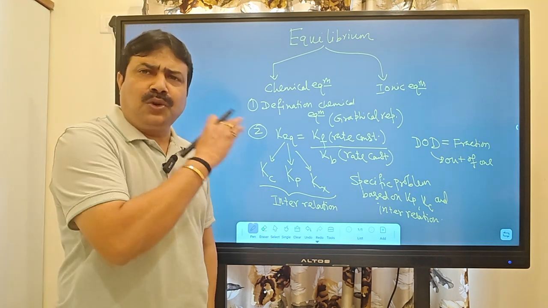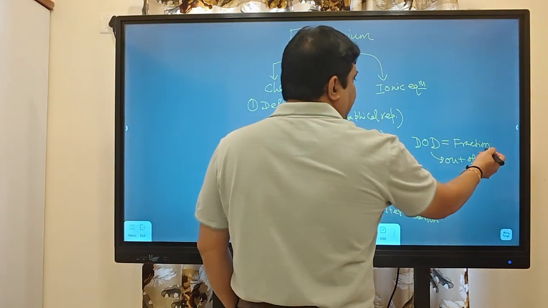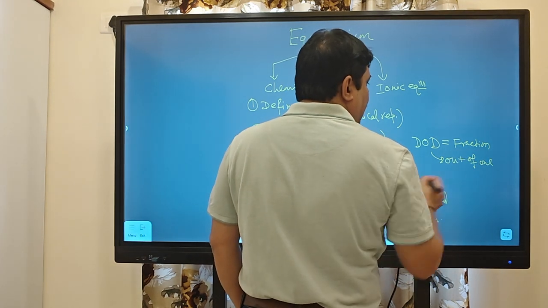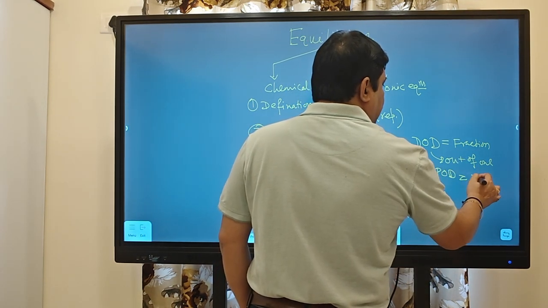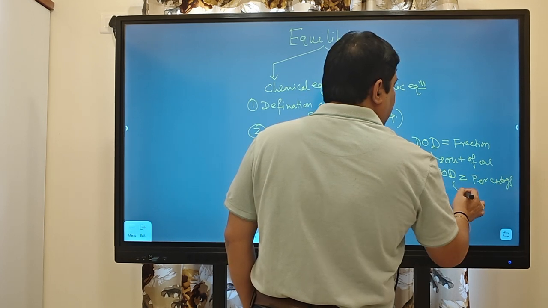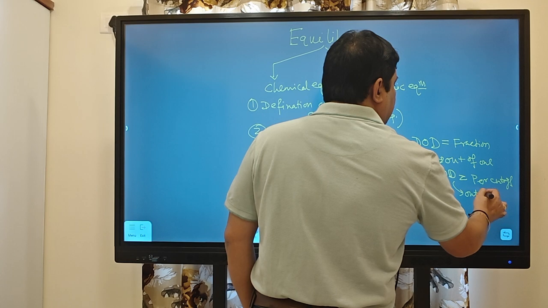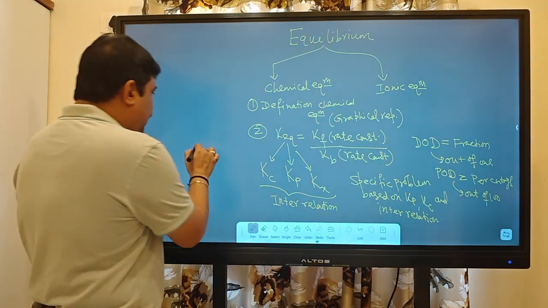That is nothing but out of 1. So always remember DOD is a fraction out of 1, and POD is a percentage, meaning out of 100. Like that, if you remember, you will never make mistakes. POD means out of 100, so immediately you can write DOD into 100.